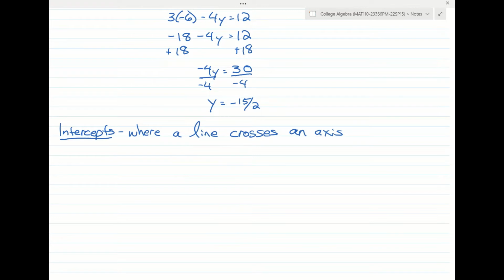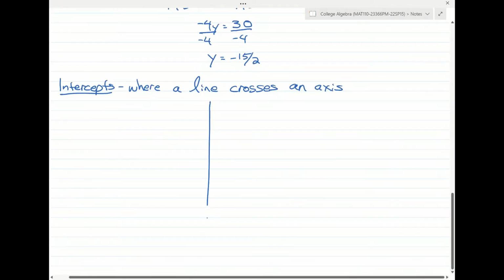What this means is if we were to draw a coordinate plane, remember y goes to the sky, and this is our x-axis. An x-intercept would be when y equals 0, and it would cross the x-axis somewhere along that horizontal line. Similarly, with a y-intercept, if we set x equal to 0, that would be where the graph crosses the y-axis.